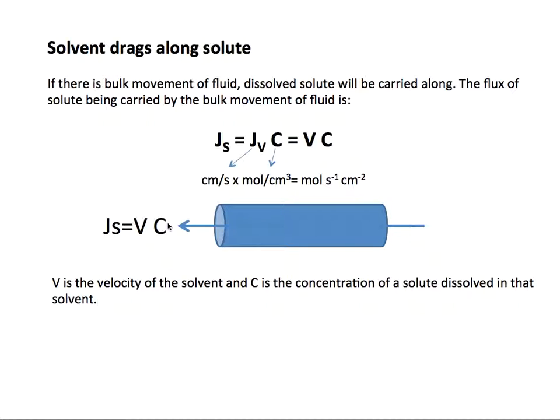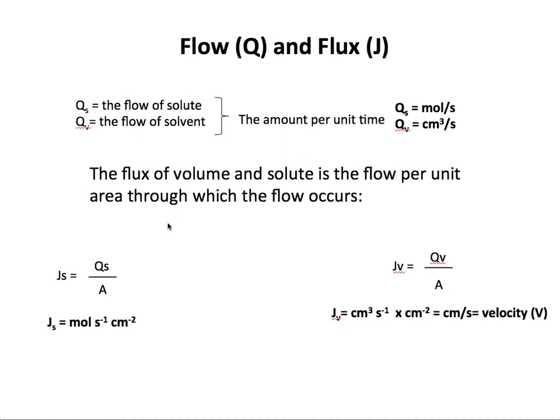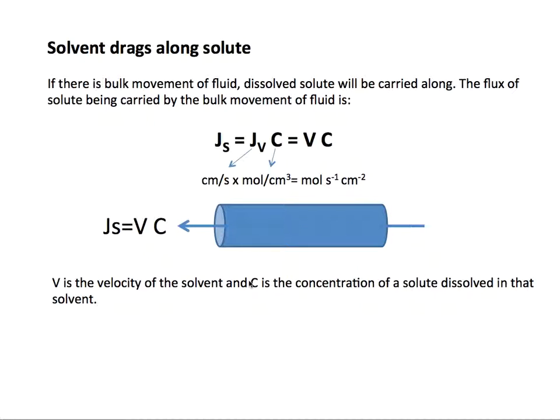So we do centimeter per second multiplied by concentration, then you get moles per second per centimeter squared, which is equivalent to this right here. Pretty cool, right? So to go from JV to JS, you multiply this value by concentration. And that's again because you can do concentration multiplied by volume is equal to mass. So that's how you can get your JS.